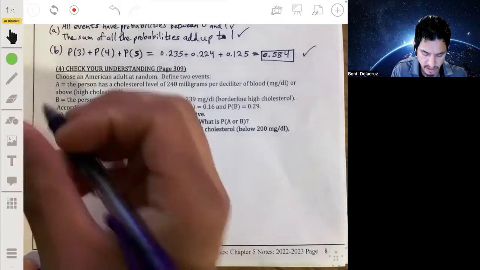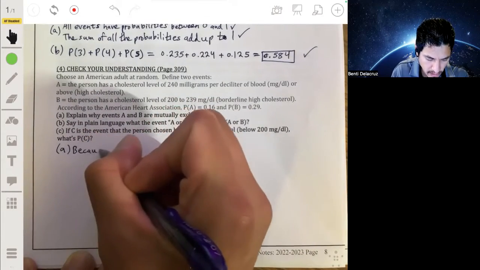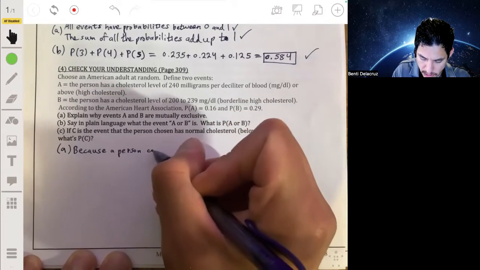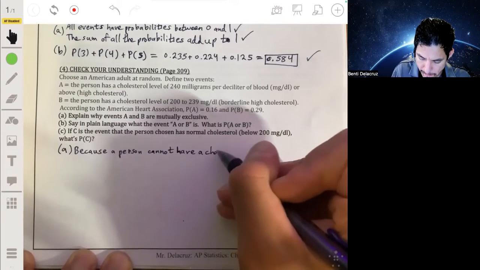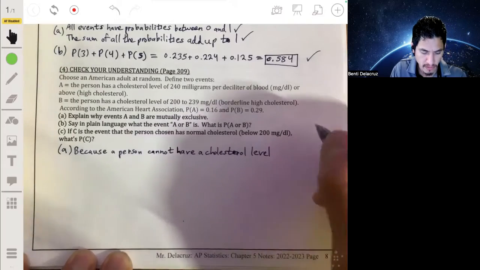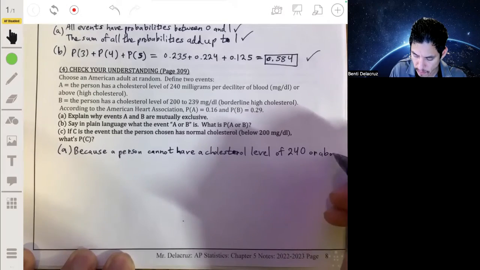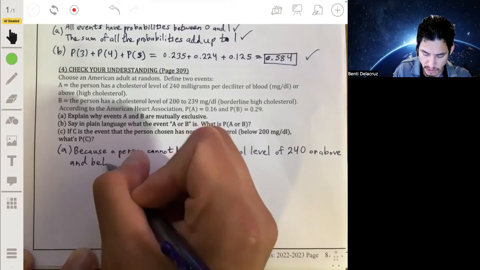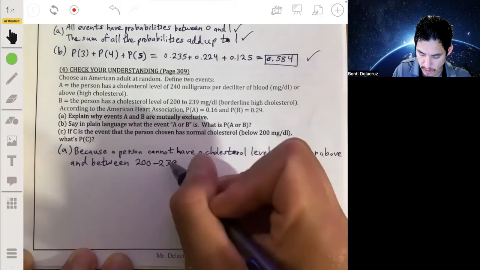Doesn't make sense. So those would be mutually exclusive. So we'll write that: a person cannot have a cholesterol level of 240 or above, and between 200 and 239 at the same time.